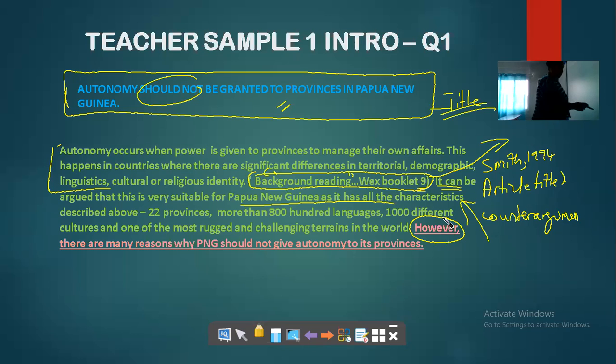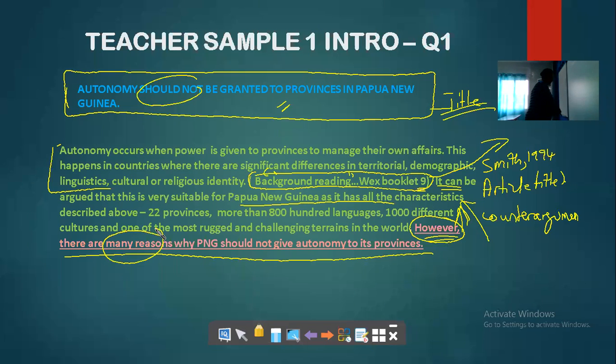This is a transitional signal that shows that there will be a rebuttal to this counter argument here. All right? So that is the signal that shows that I will now present the opposite of what I have stated out there. There are many reasons this way, but this statement, many reasons, creates a connection to what will happen in the body.